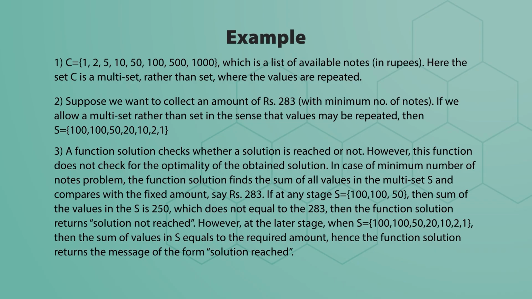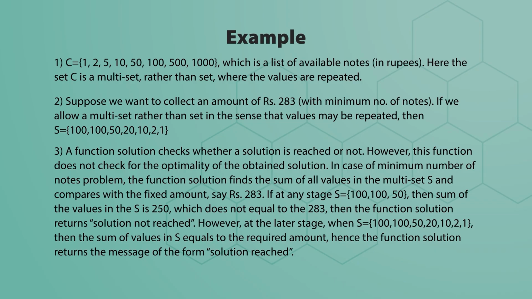Can 100 be added into the solution set? 100 is less than 283, so it can be added. So firstly I have added 100, and the solution set is now filled with only one denomination, that is 100. Now can another 100 be included?